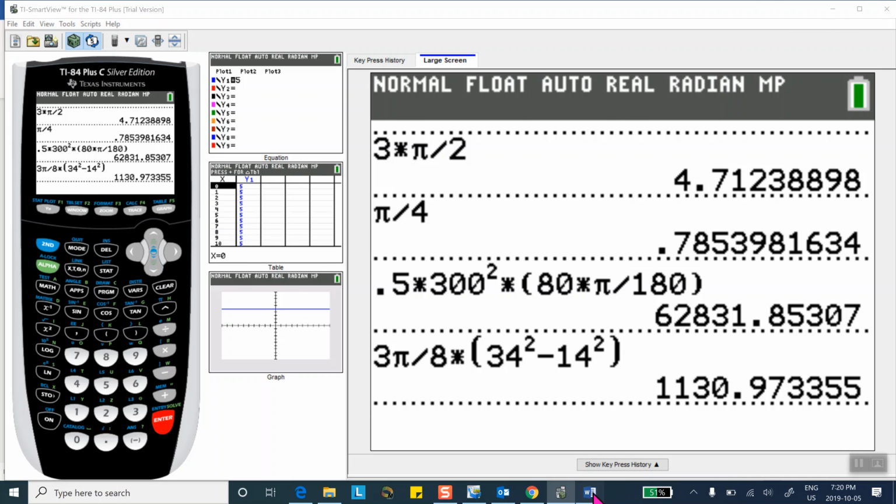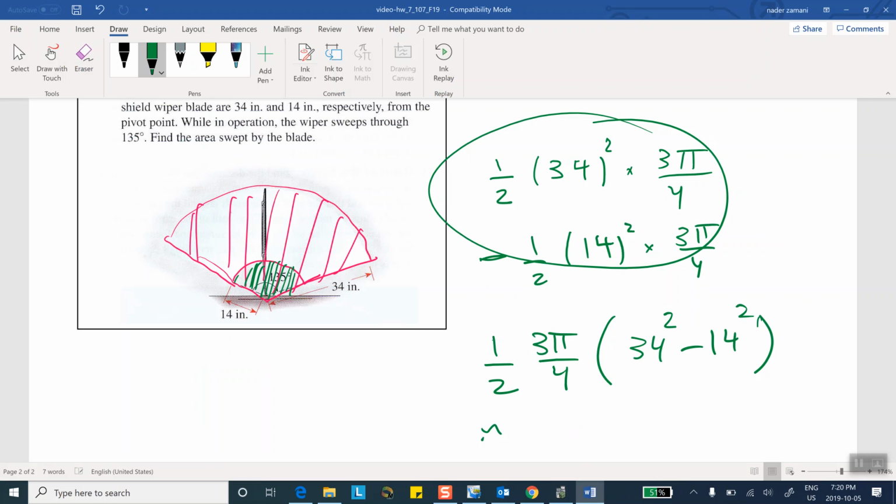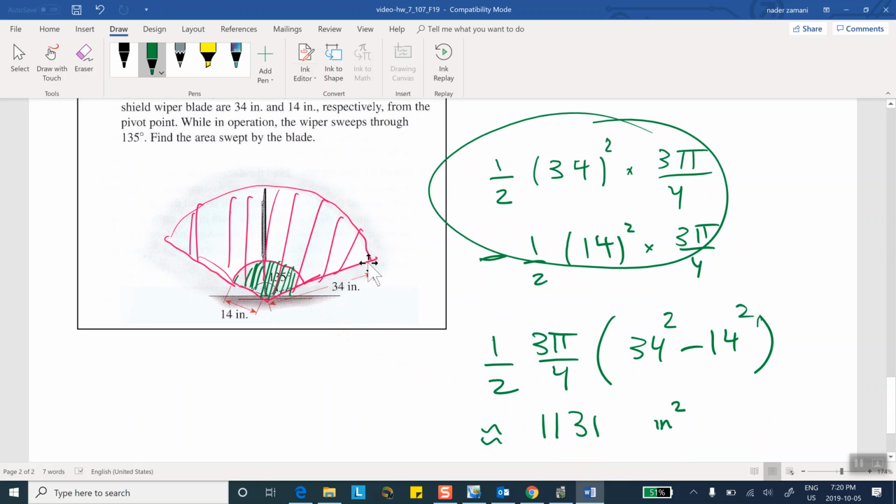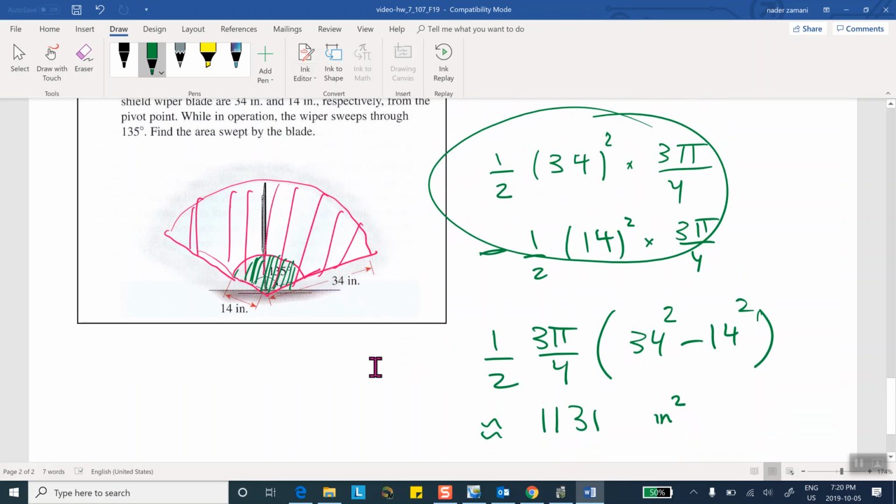1,131 square inches, approximately. This number is a big number. I want to make sure that we didn't make any algebra error here. I don't think we have. No, looks okay, so that is the answer.